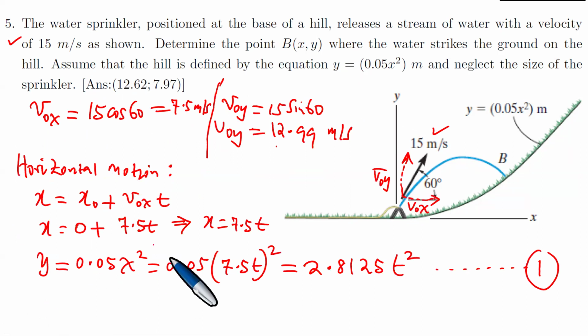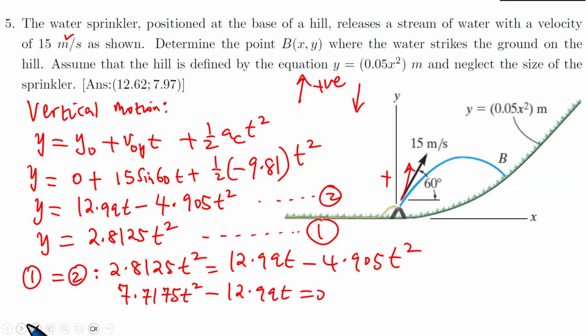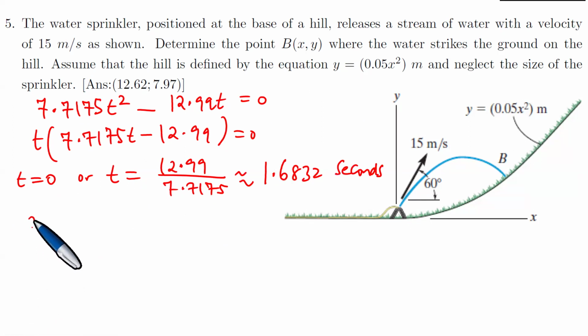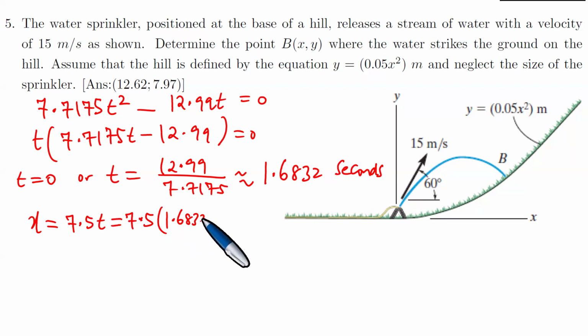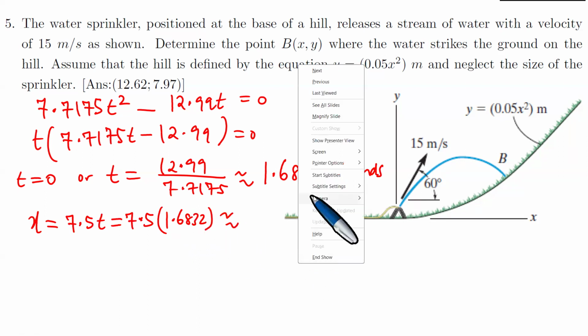We got that our x is 7.5t, and the t is 1.6832. Let us check what we're getting here.